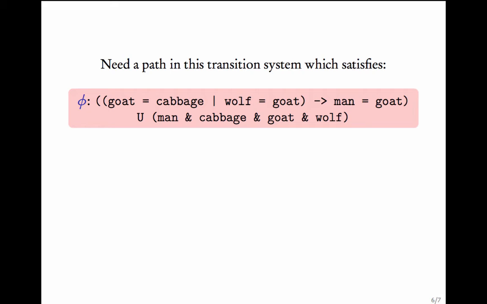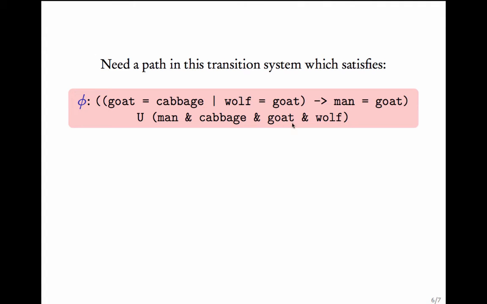We want a path that satisfies the fact that if the goat and the cabbage are on the same side, or the goat and the wolf are on the same side, then man should be on the same side as the goat. This property should be true until the man, cabbage, goat and wolf come to the right bank.